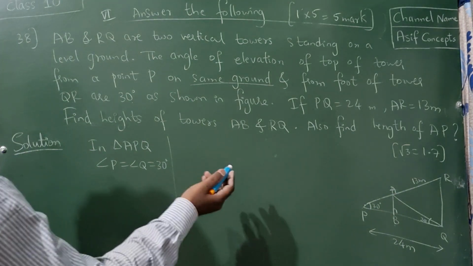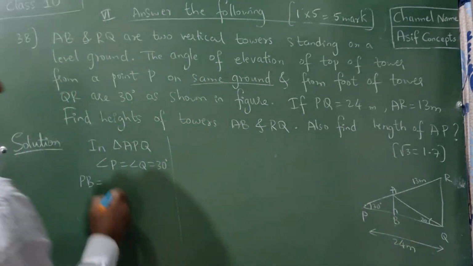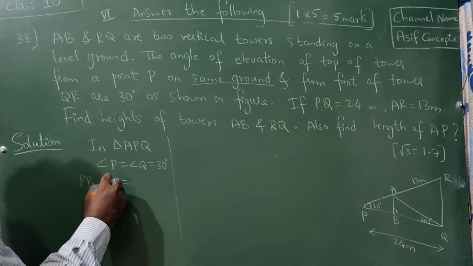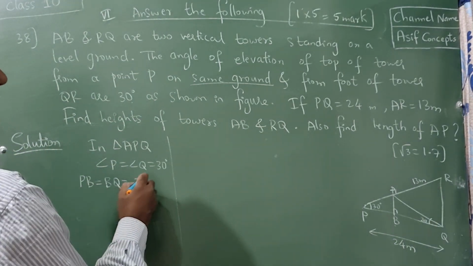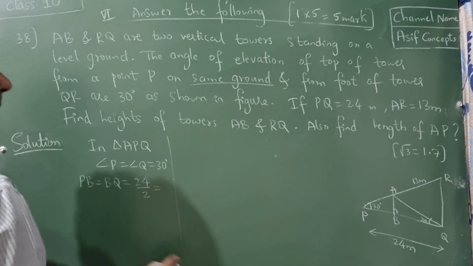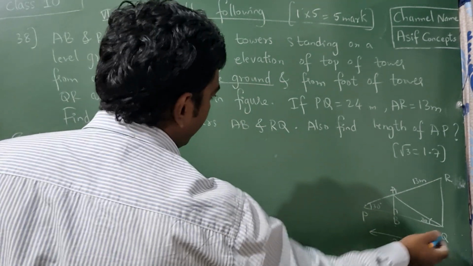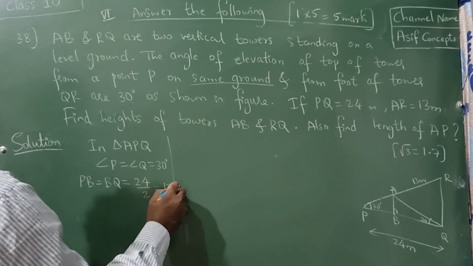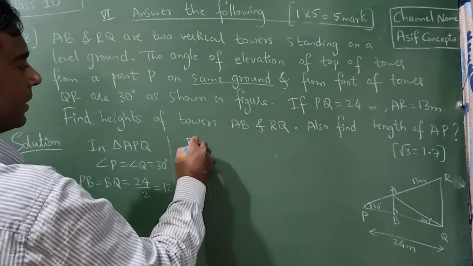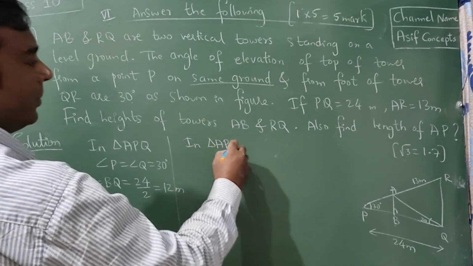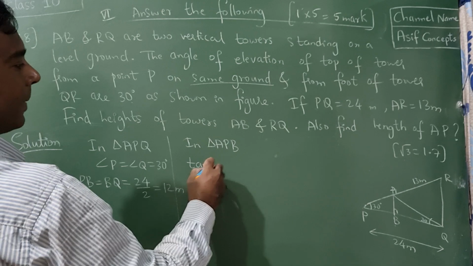Now here what I can write is PB is equal to BQ is equal to 24 by 2, because PQ is 2 times of a PB or 2 times of a BQ. So it will be how much? 12 meters.